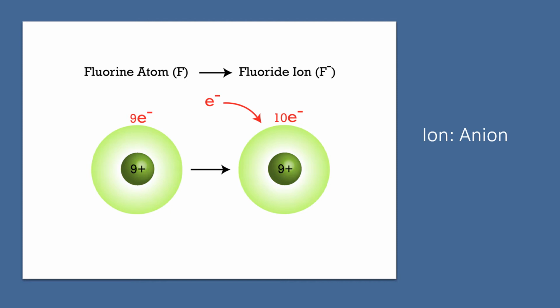The difference between them is now 1. Keep in mind, this is an anion. Remember that electrons are negatively charged. So an anion describes what happens when there are more electrons than protons. And when there are more electrons, it's going to become negative.